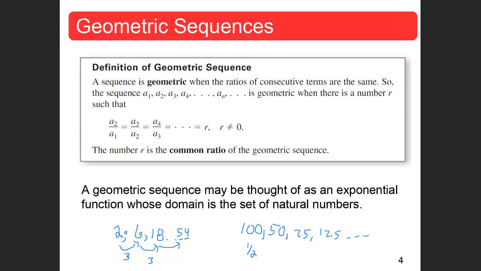The ratio would be 1/2 because 100 times 1/2 is 50, 50 times 1/2 is 25, 25 times 1/2 is 12.5, and so on and so forth. So the sequence could be increasing, it could be decreasing. It all depends on what the ratio is. If the ratio is greater than 1, it's going to increase. If it's less than 1, it's going to decrease.